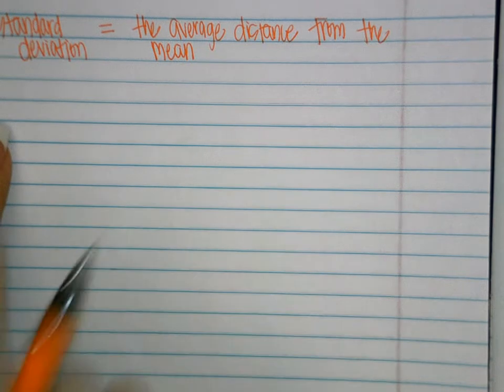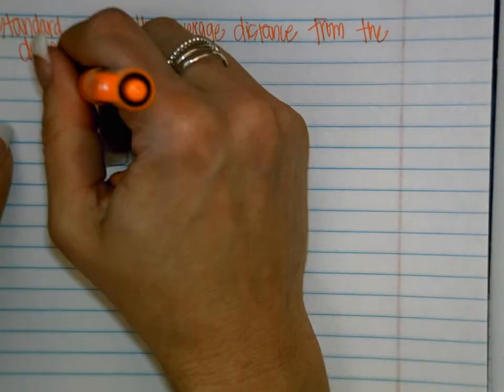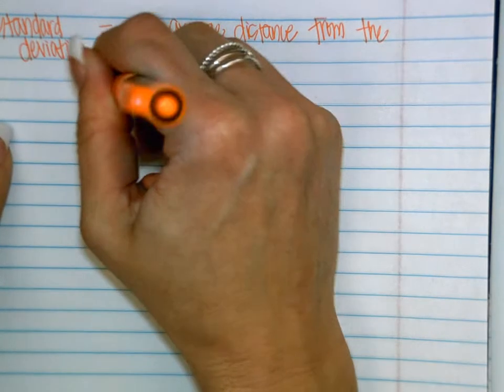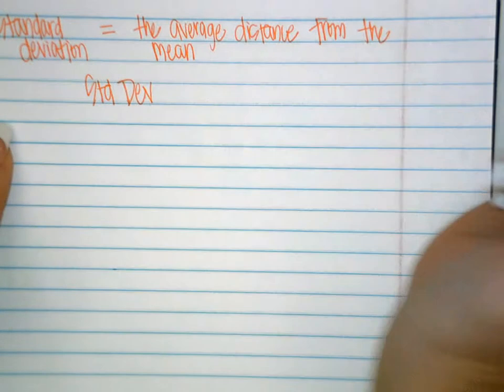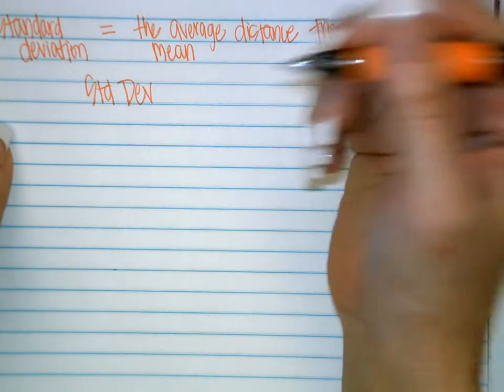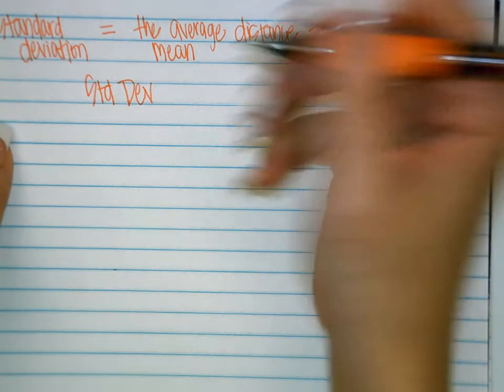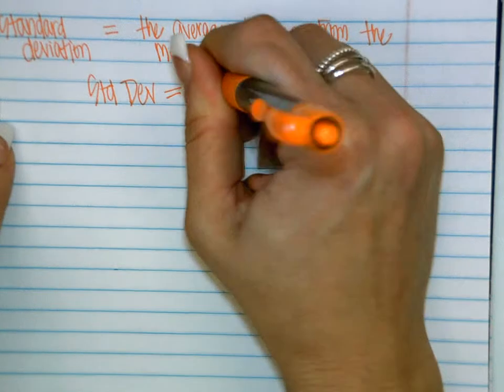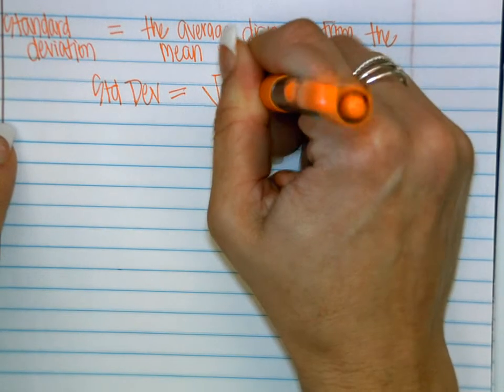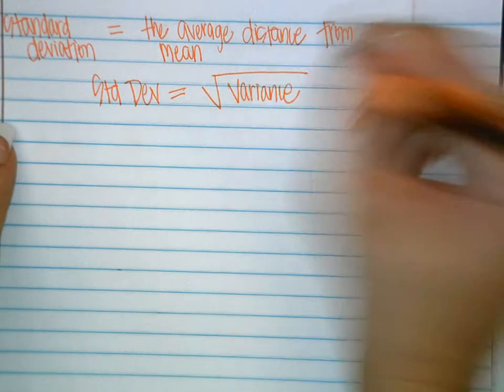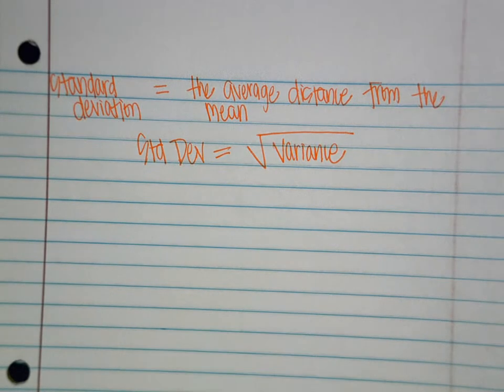The way that you find standard deviation, and I'm just going to abbreviate it as STD-DEV, standard deviation, is equal to the square root of the variance. So basically, to find standard deviation, you have to find variance. To find variance, you have to find the mean. So you have to find all of them, even if I'm not asking for them all, when you're finding standard deviation.